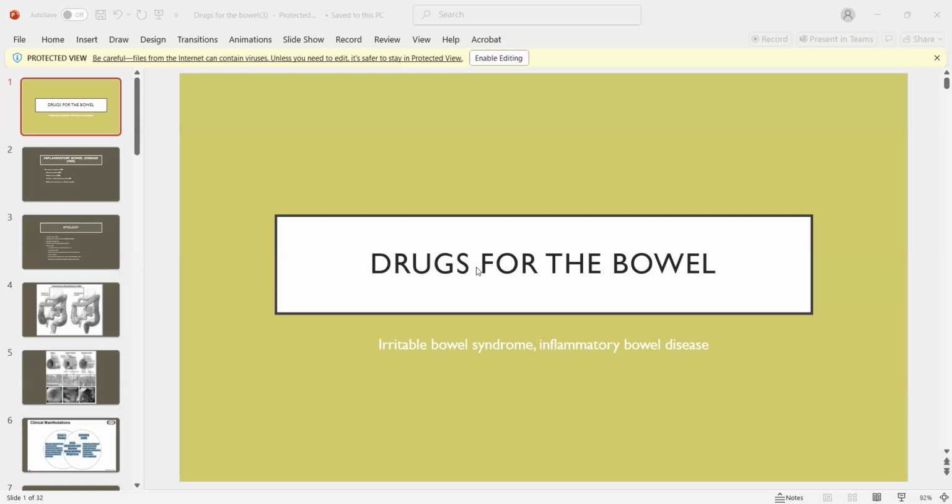Another is a drug called linaclotide. There's now another drug that is related to linaclotide called plecanatide. Plecanatide, it works the same way as linaclotide.